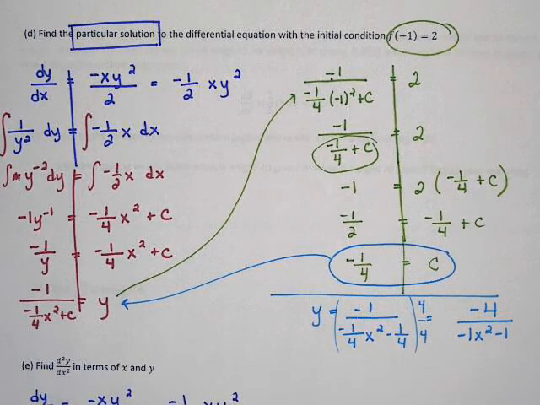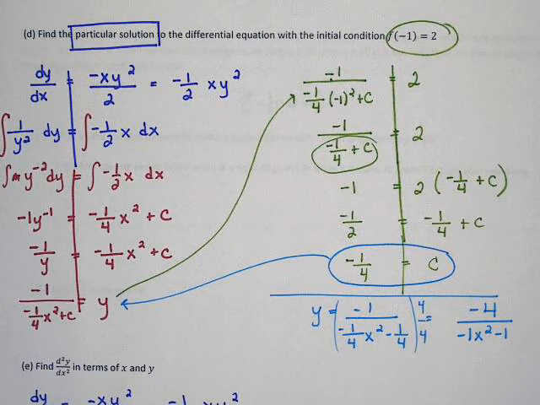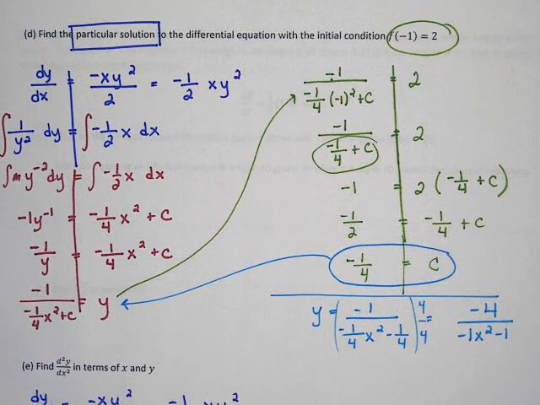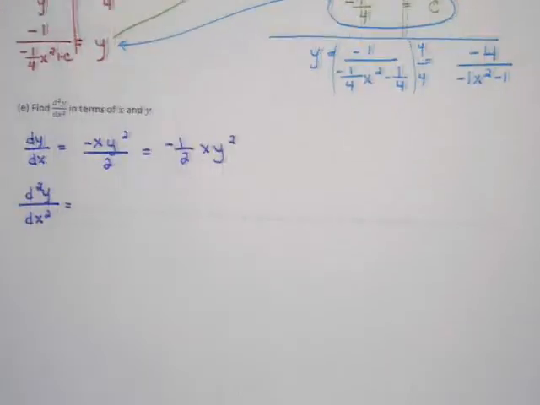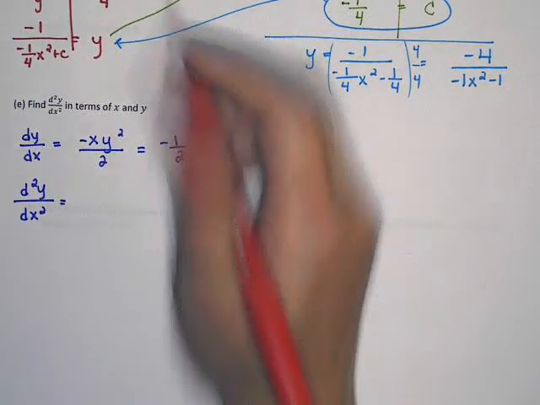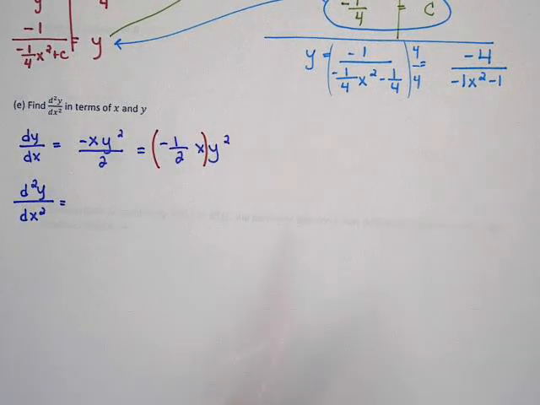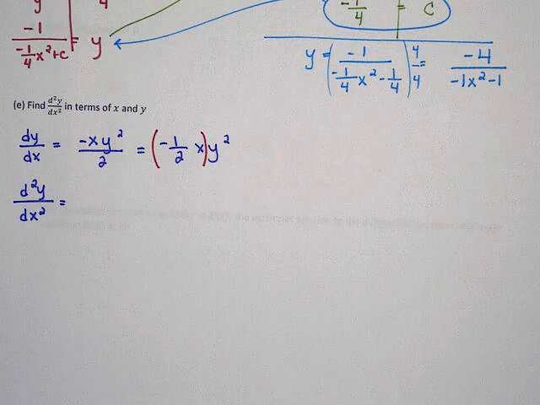To find the second derivative, I would have to use implicit differentiation, because my function has a y in it. So let's review how that works a little bit. I'm going to treat the negative 1/2 like it's part of the x times the y squared as a separate thing. So I would use product rule.